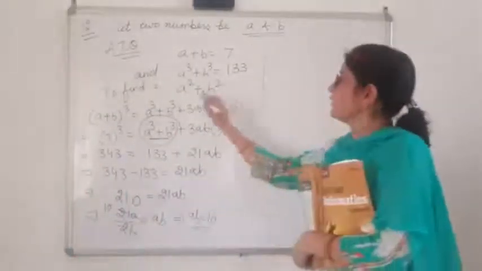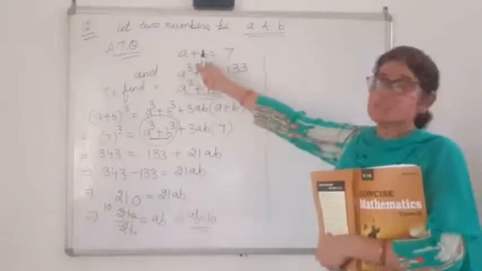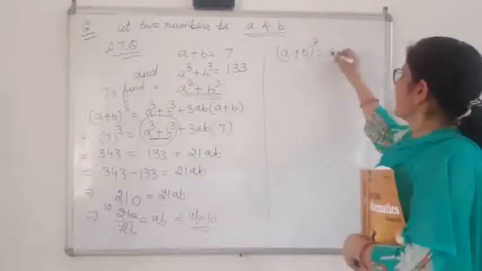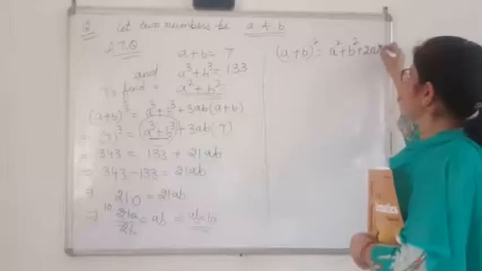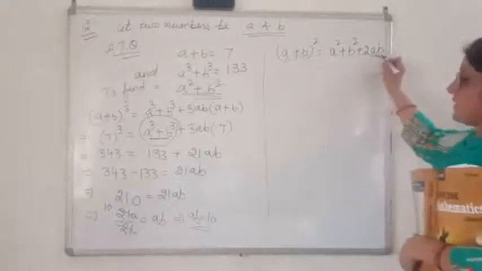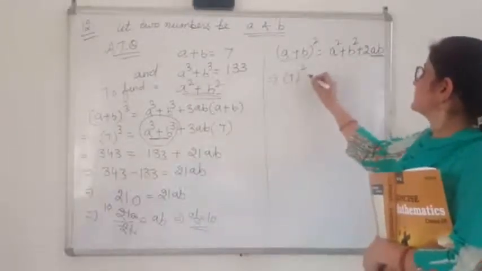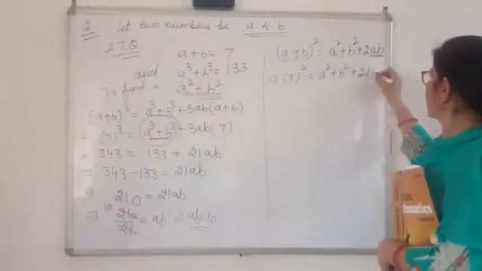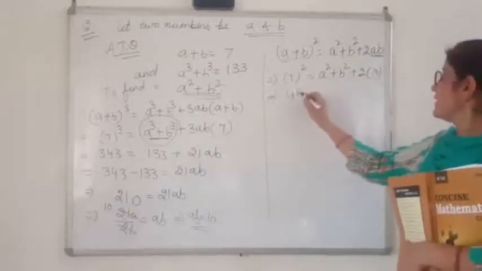But we have to find the value of a square plus b square. Now we will take a plus b and do its square. a square plus b square plus 2ab. We substitute a plus b as 7 and ab as 10. So square of 7 is 49.